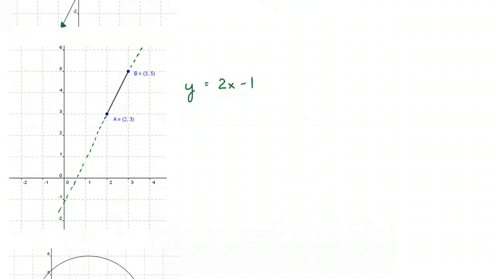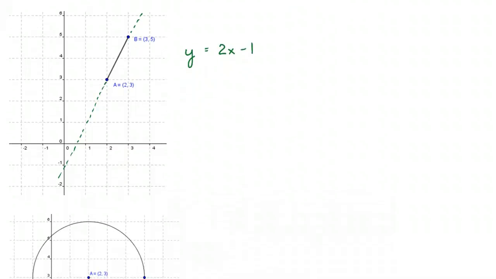However, down here, this is a line segment. And we can see that even though I could extend this, and I could sub in values of x is 0, negative 5, negative 500, the graph is only defined from x is 2 to x is 3. So therefore, to give a little bit more description here to help the person see where this graph is defined, I'm going to state the domain. And to do this, I go from left to right.